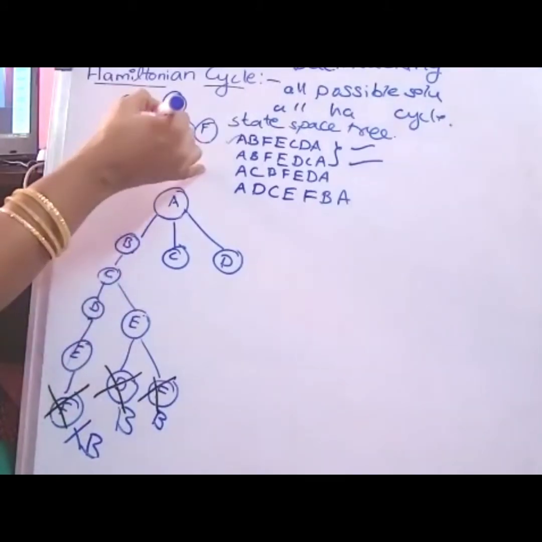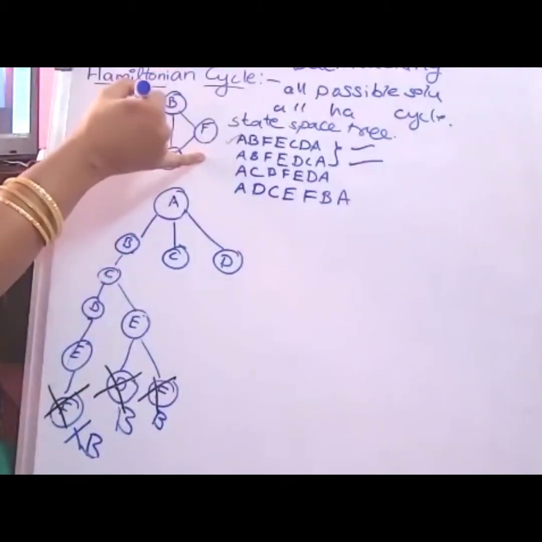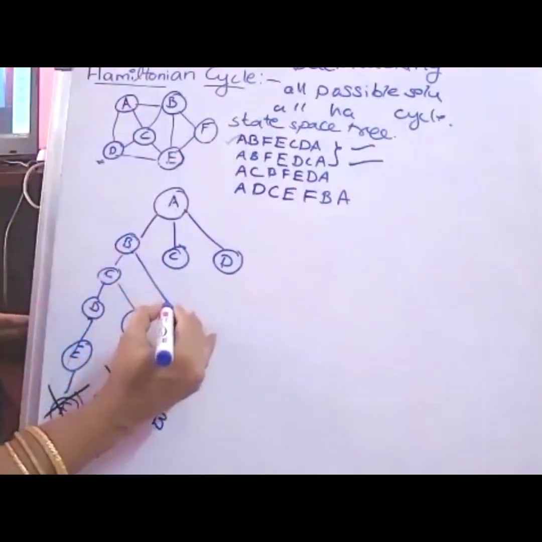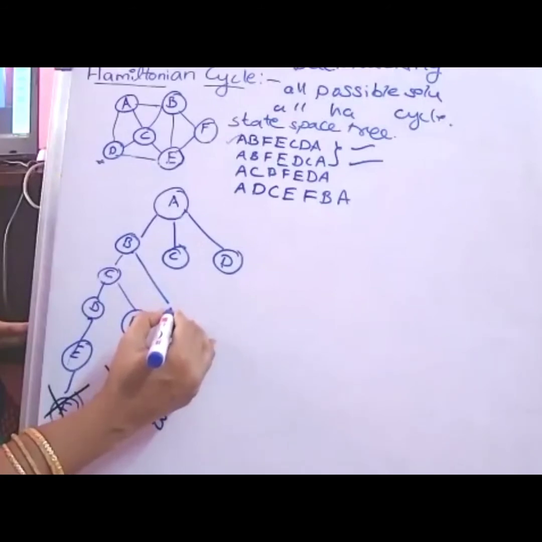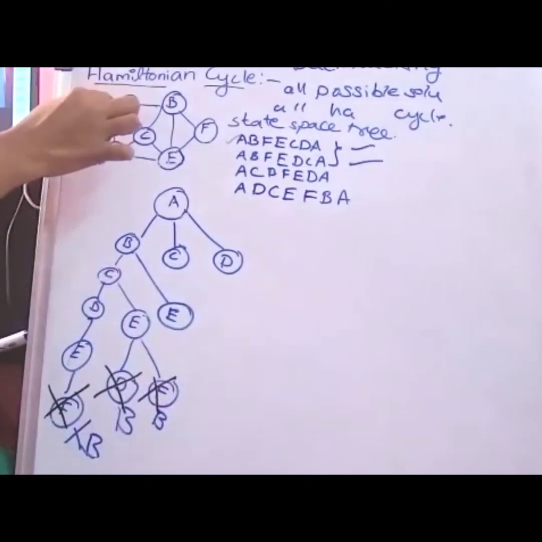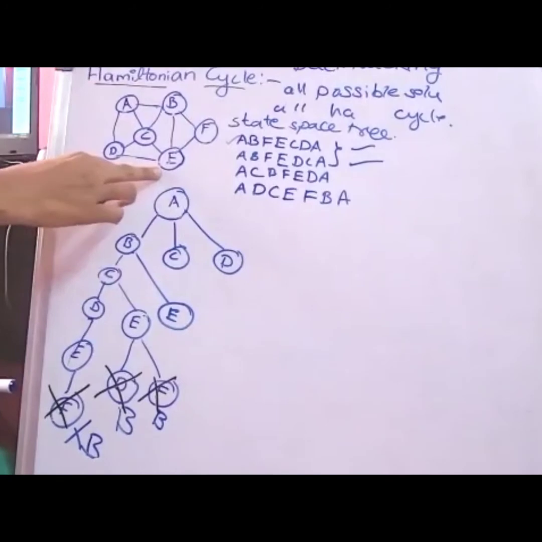So I need to try another option in the sequence after B. B is connected to A, already covered, and C, already covered. So I am taking the path from B directly to E. So A, B, E. I'm trying to find one more unvisited vertex from this point to find our Hamiltonian cycle.